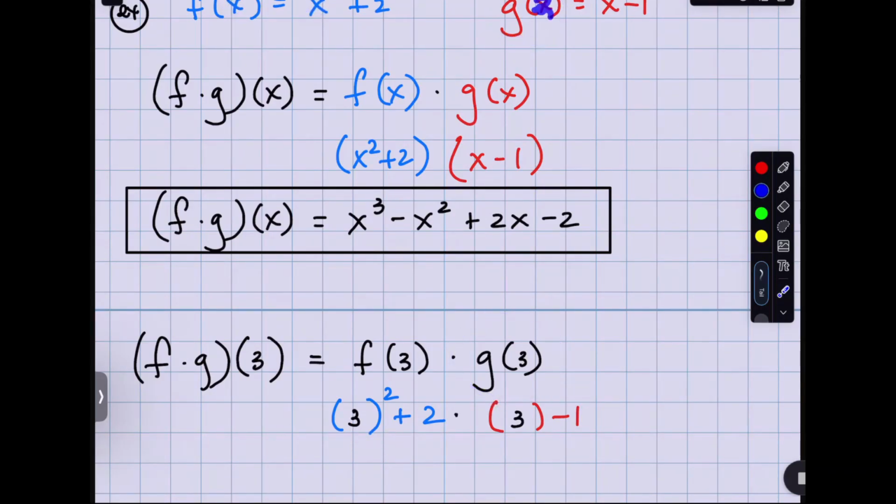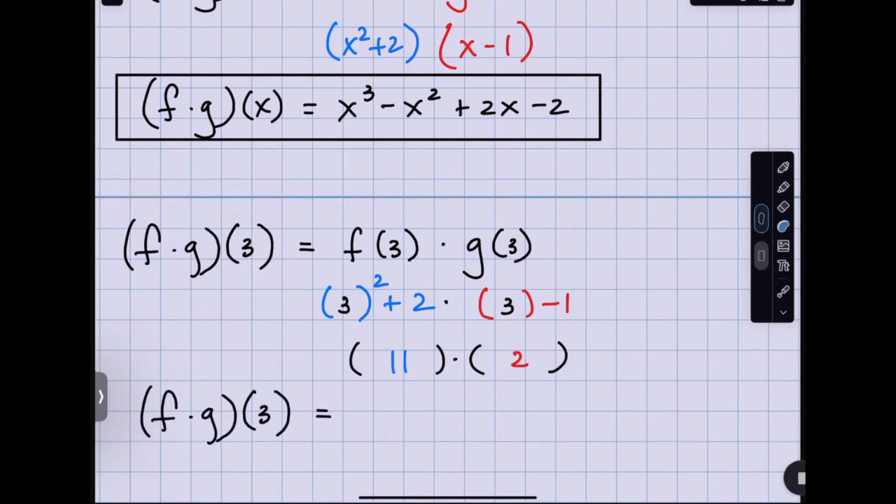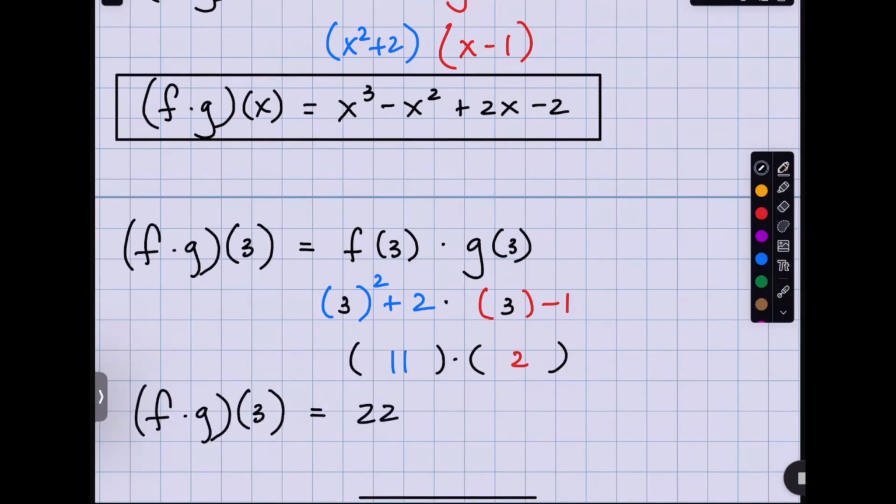So I'm plugging 3 in here, that means I'm plugging 3 in here. Does that make sense?